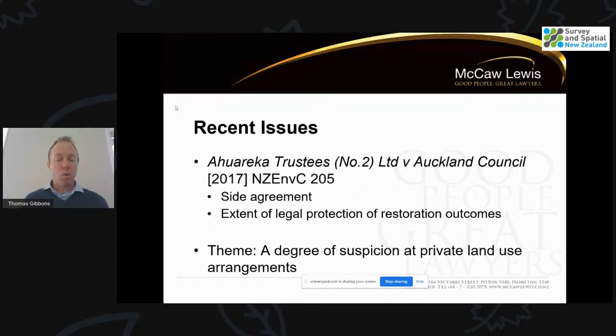And basically the court's view was it was the job of council to enforce council restoration, and any side agreement was going to be a bit of a difficulty. Side agreements can be upheld, but the court really drilled down on wanting council to be the one to enforce those outcomes. So we have these property law tools, and sometimes the Environment Court is a bit suspicious, sometimes not.